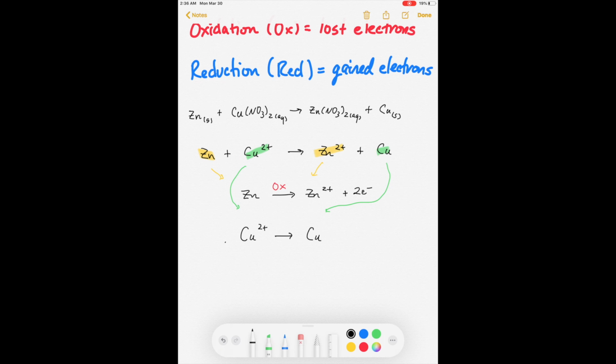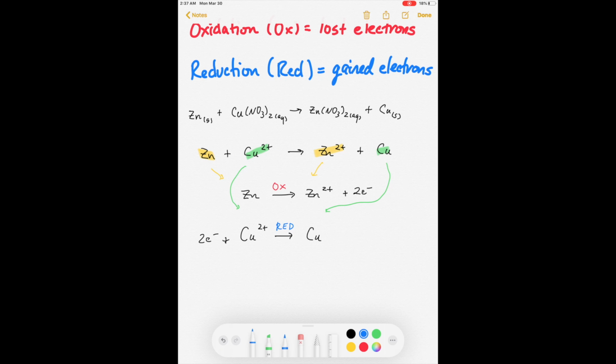Notice that it went from an ion, a cation, 2+, to now neutral. What happened to the copper's charge? Hopefully you can tell that copper had to gain electrons. So in order for copper to go from copper 2+ to just neutral copper, it has to gain negative charge, or gain 2 electrons. Hopefully you can now see that copper is gaining electrons, which means that copper is being reduced.